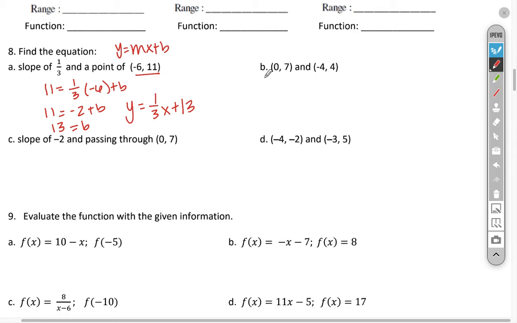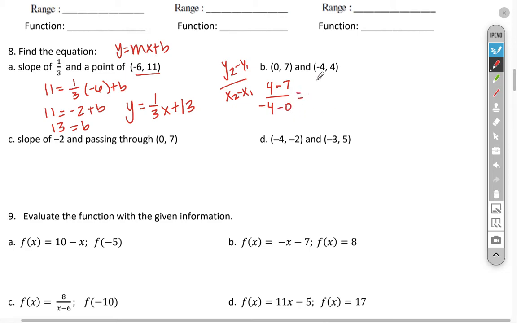For 9, we are given 2 ordered pairs, so the first thing we need to do is find our slope. So we're going to use this formula. Hopefully we all remember this to find our slope. So we've got 4 minus 7 over negative 4 minus 0.